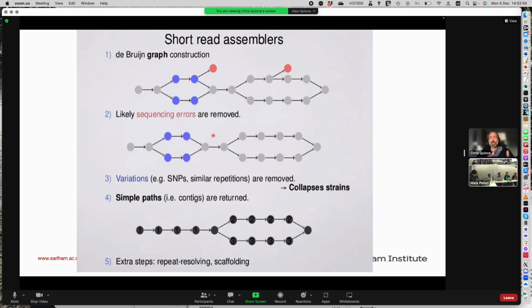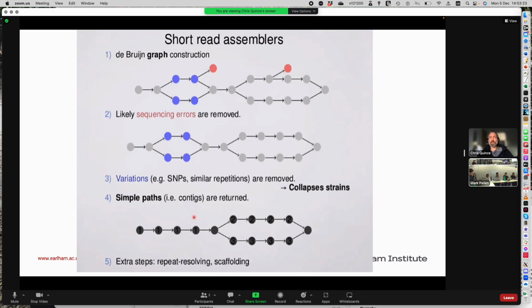So basically, all assemblers trim off structures like the tips, then they make some sort of decision on the bubbles. If a bubble is long enough, they might also look at the abundance of the two possible paths. If one path is of low abundance, then it might break the bubble, or pop the bubble, is how they refer to it.